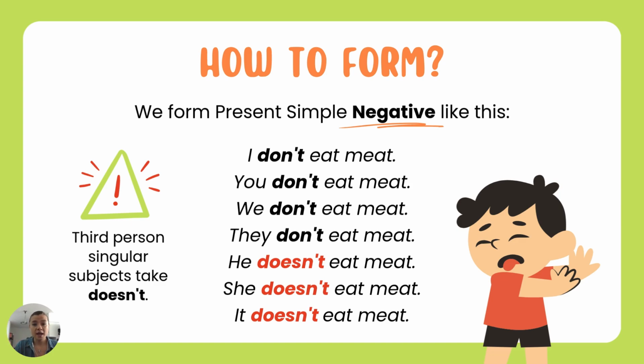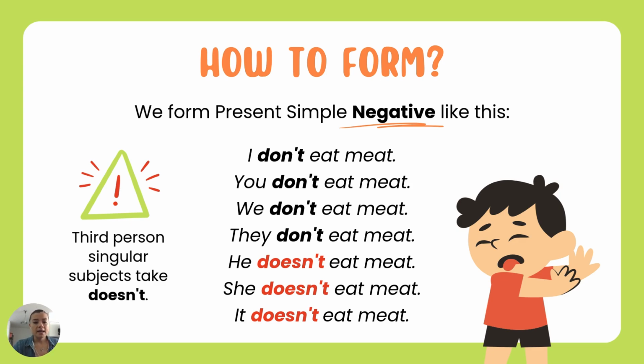When you have the auxiliary don't or doesn't, the verb all the time has to be in base form. All right? Base form only. You cannot add s at the end of your verb because you already have the auxiliary that is pointing out that you have present simple.